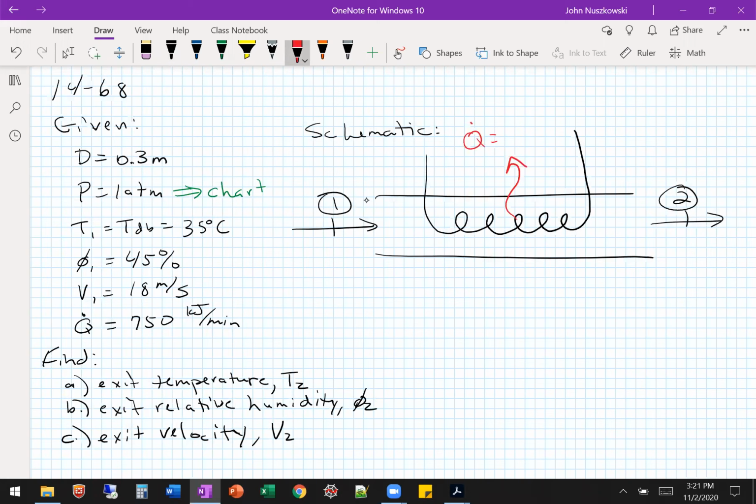So maybe this is removing heat from the air but putting it into refrigerant, let's say, in the vapor compression cycle.